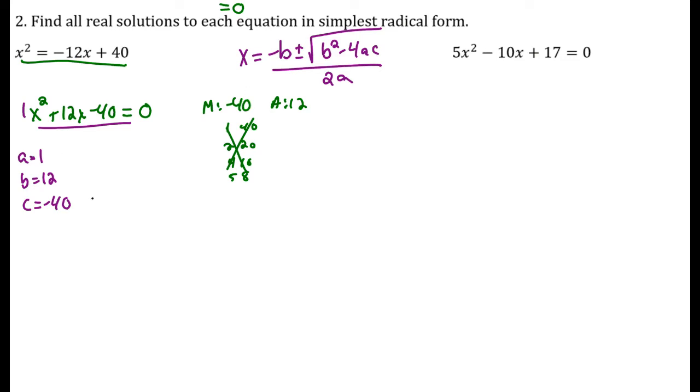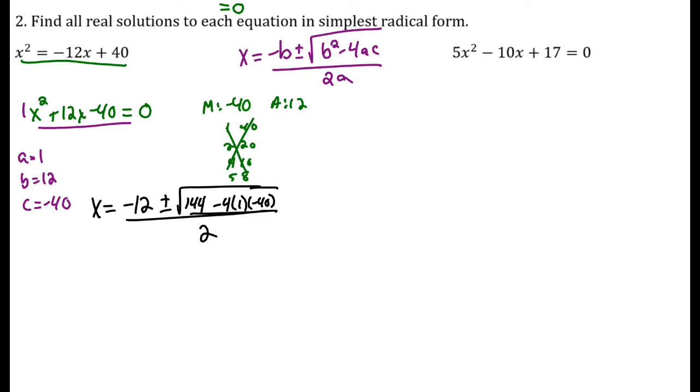So my solutions are x equals negative b. What's the opposite of b? It's negative 12 plus or minus the square root of b squared. You're smarter than your calculator. You can square a number in your head. Minus 4 times a times c all over 2 times 1, which is 2. And then you reach over for your calculator and you type in what I call the discriminant.